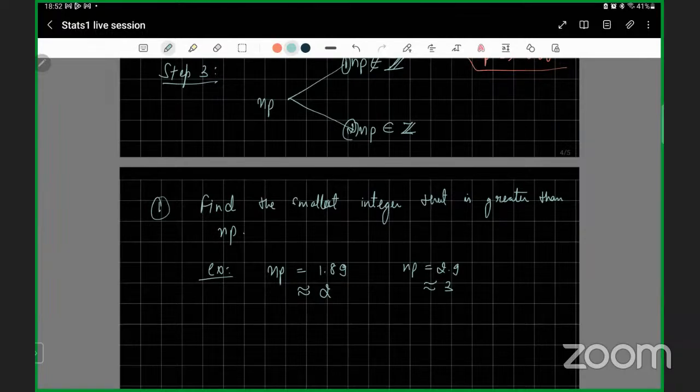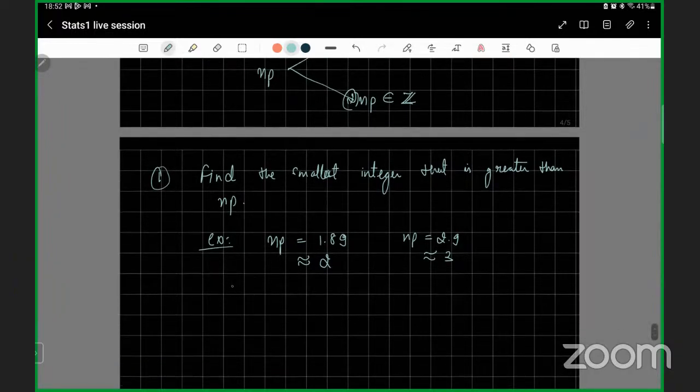So once you find the smallest integer that is greater than NP, then you look for the data value at that position. Here, position means, in this case, the second position or the third position.